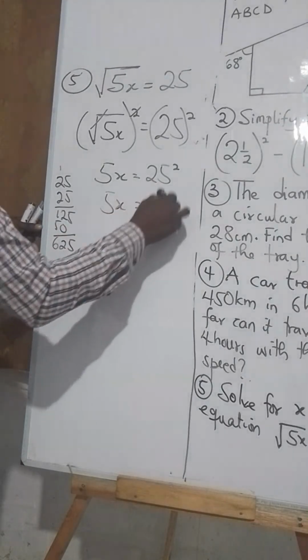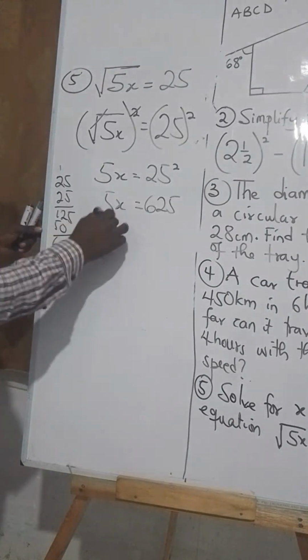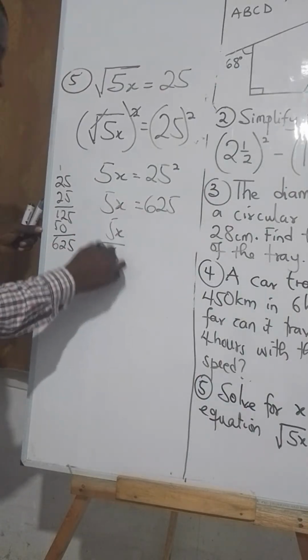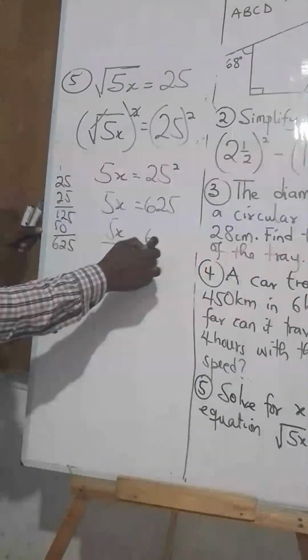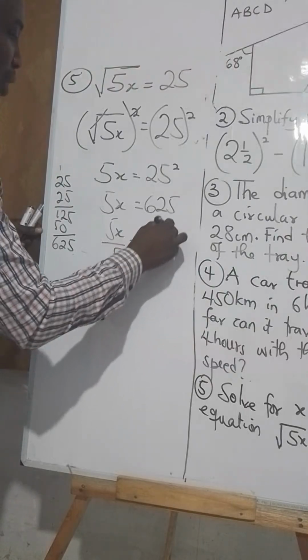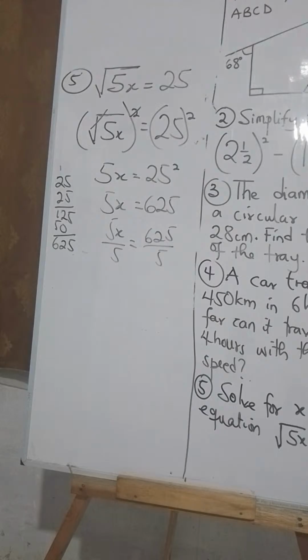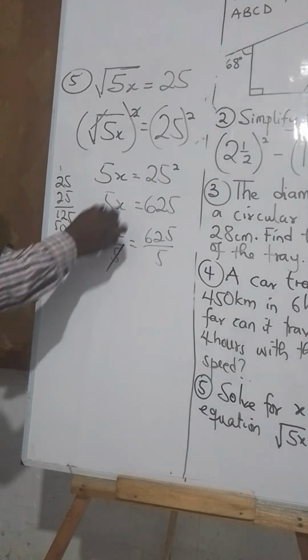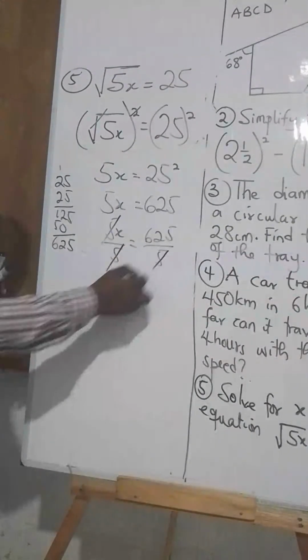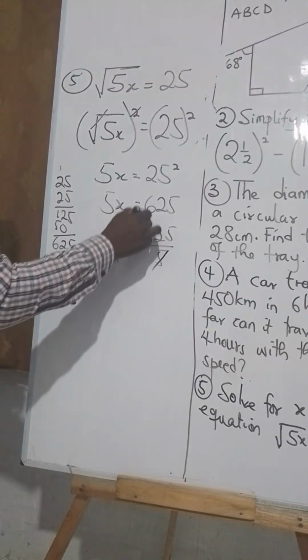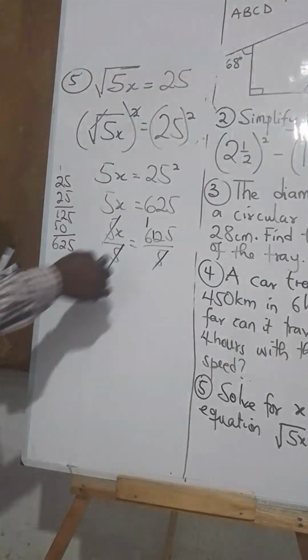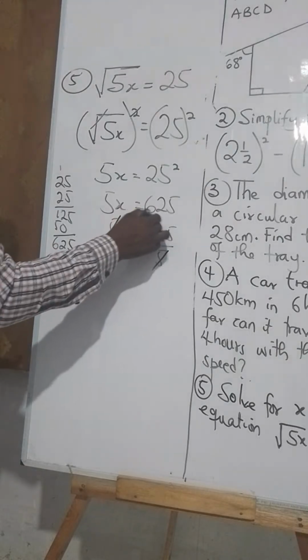So 625 divide through by 5. 5x on 5, 625 on 5. Yes. So then 5 into 6, 1. The remainder will be 1. 5 into 12, that's 2.